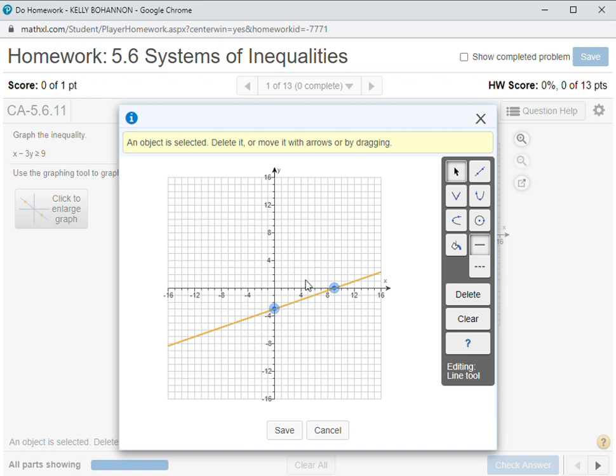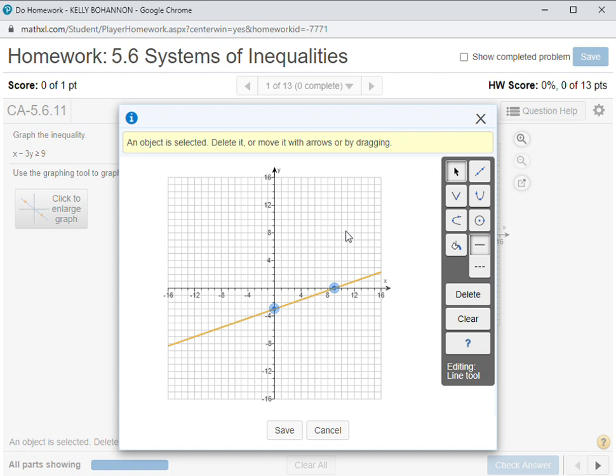So I have to figure out which way to shade. The easiest way, especially if you didn't put it in slope-intercept form, is to test 0, 0 and figure out if 0, 0 makes the statement true. If you put it in slope-intercept form, you can just look and see what the sign is. So in this case, 0 minus 3 times 0 is 0, and that would give me 0 is greater than or equal to 9.